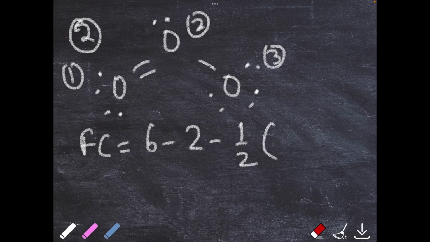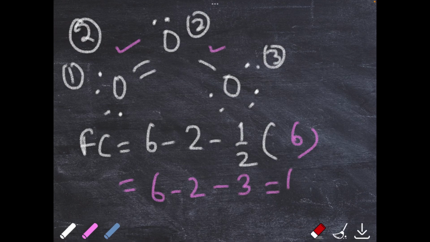You can see there's a double bond here and a single bond here, so the total number of bonds is 3. That means there are 6 electrons. So this will be 6 minus 2 minus half into 6, which is 3. So that is 6 minus 5, equal to 1. So the formal charge on this second atom of oxygen is +1.